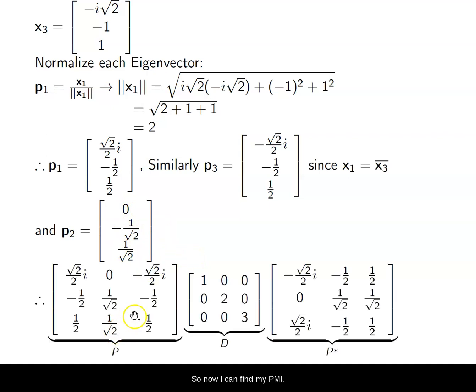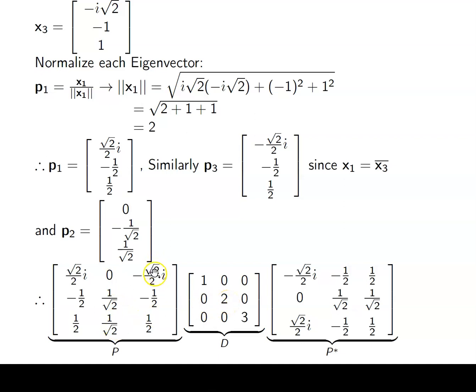So now I can find my P and my D and my P inverse. P is P1, P2, P3. Very easy. D is in the order that they show up. Eigenvector 1 was for lambda equals 1. Eigenvector 2 was for lambda equals 2.